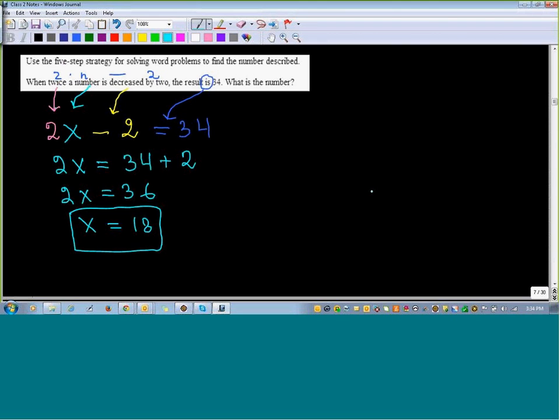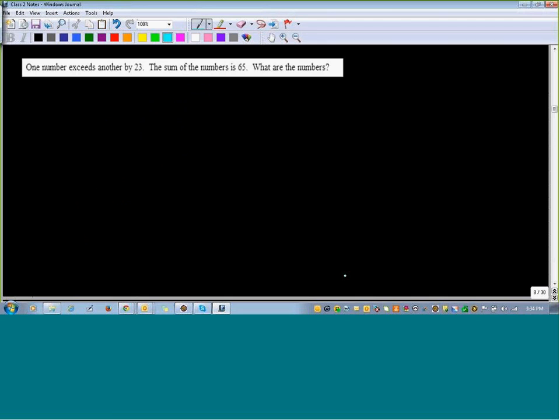What does it mean to exceed another by 23? If the speed was 50 miles per hour and you were speeding, so your speed exceeded my speed by 20, that means you're driving 70 miles per hour, right?